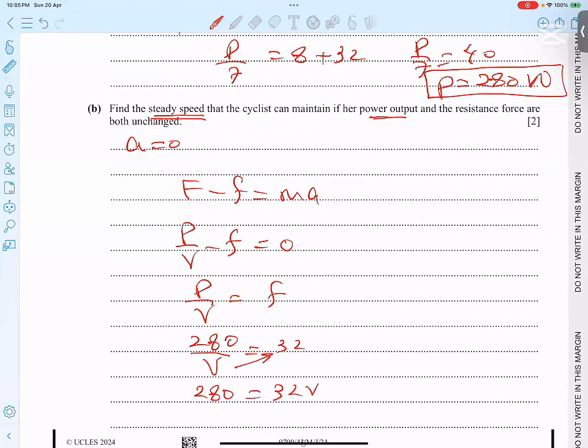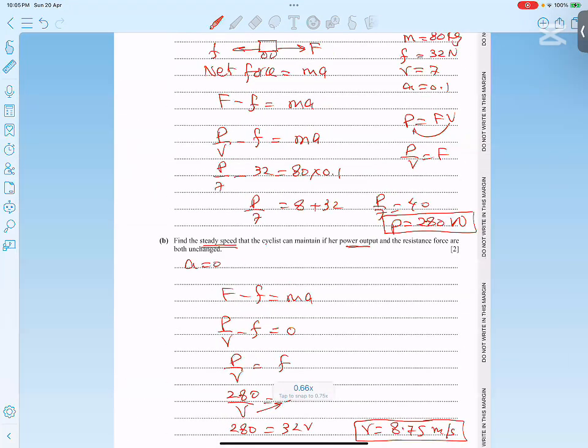And if you divide it, 280 divided by 32, we get 8.75. I hope the point is very clear. Okay, this is done. So this part is over. Let's go for the next part.